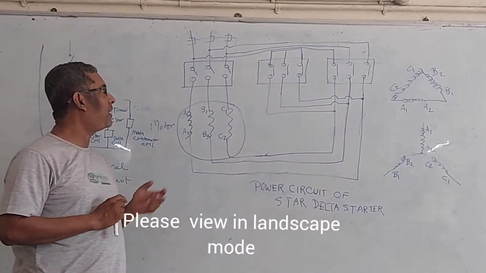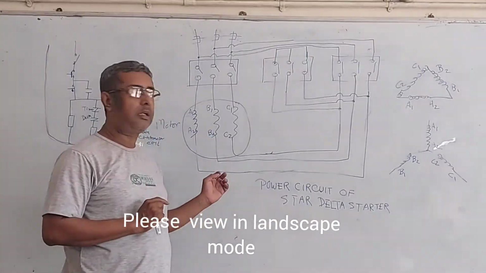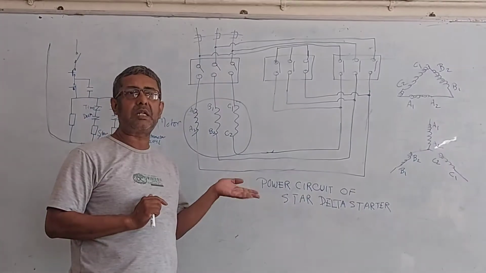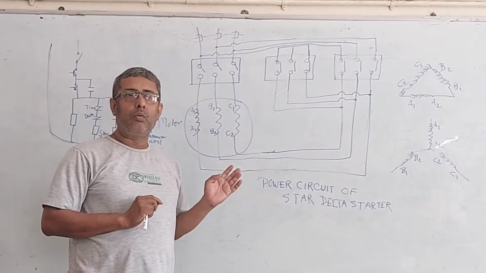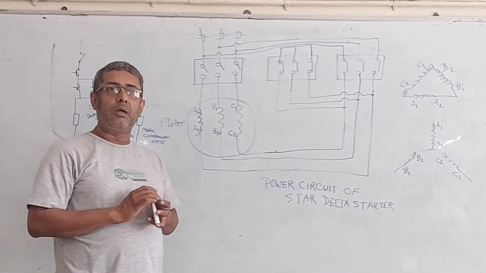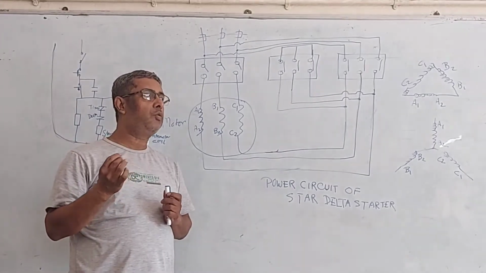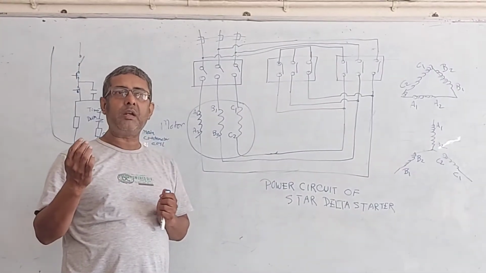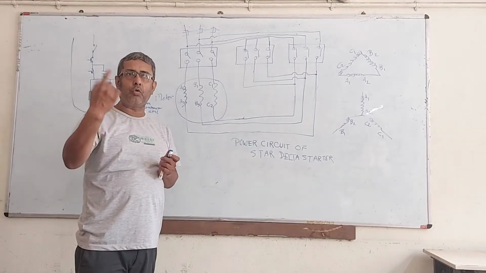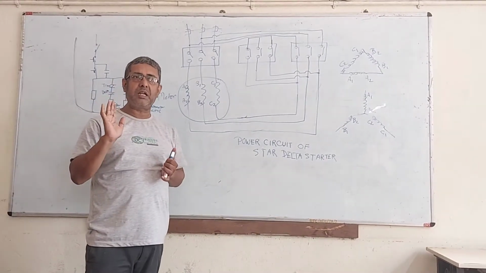I am going to explain the power circuit and control circuit of a star delta starter. Why is a starter used in case of any motor? When a motor starts, just like Newton's third law, when any body is conditioned to motion, an extra force is required.